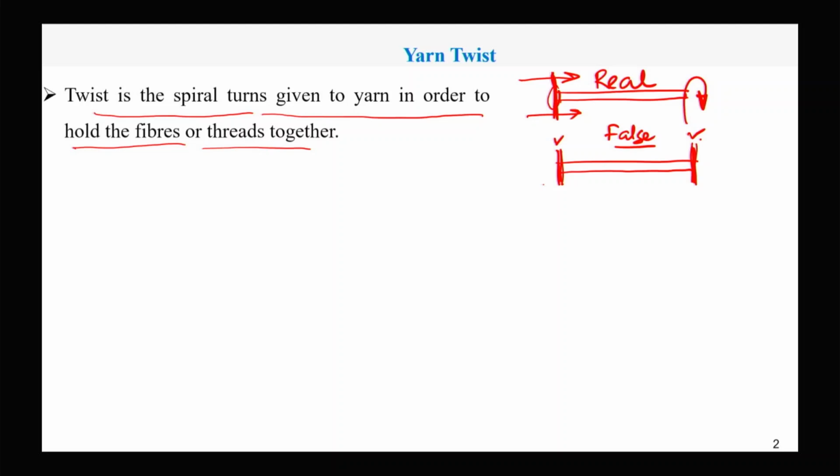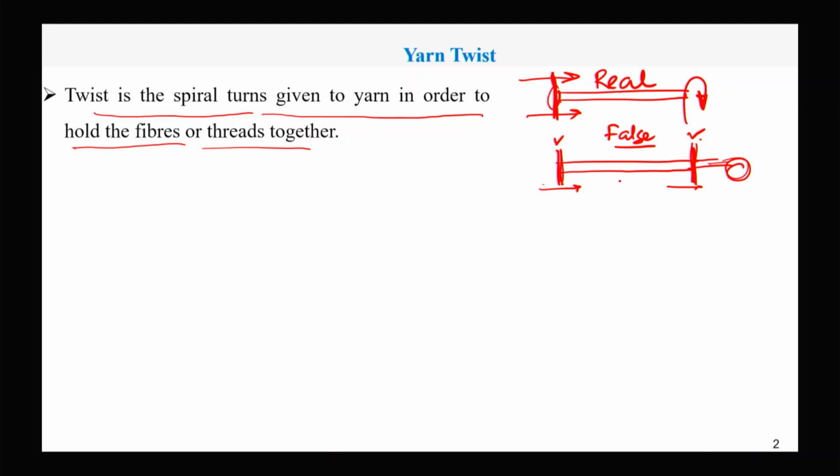They may be either fixed or there may be linear motion. Suppose here this yarn is winding, so there may be linear motion, but there won't be any rotational motion in these two ends.